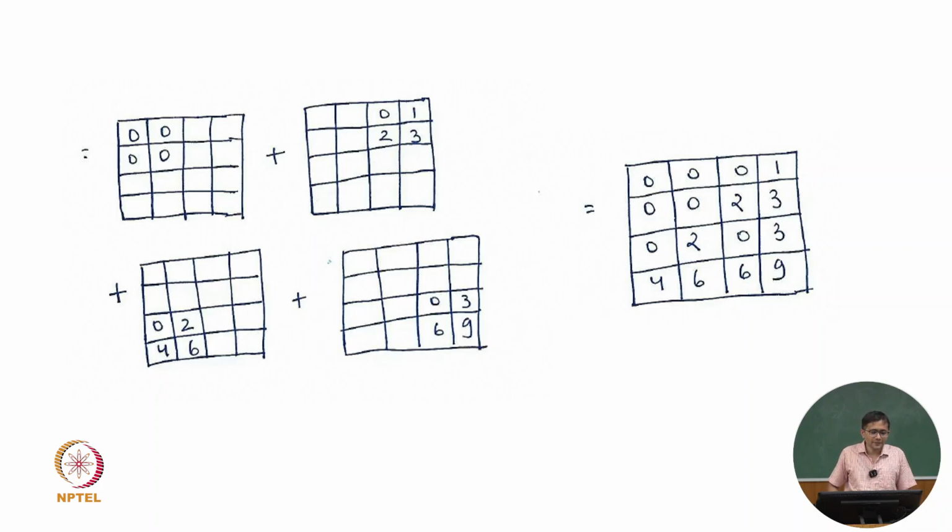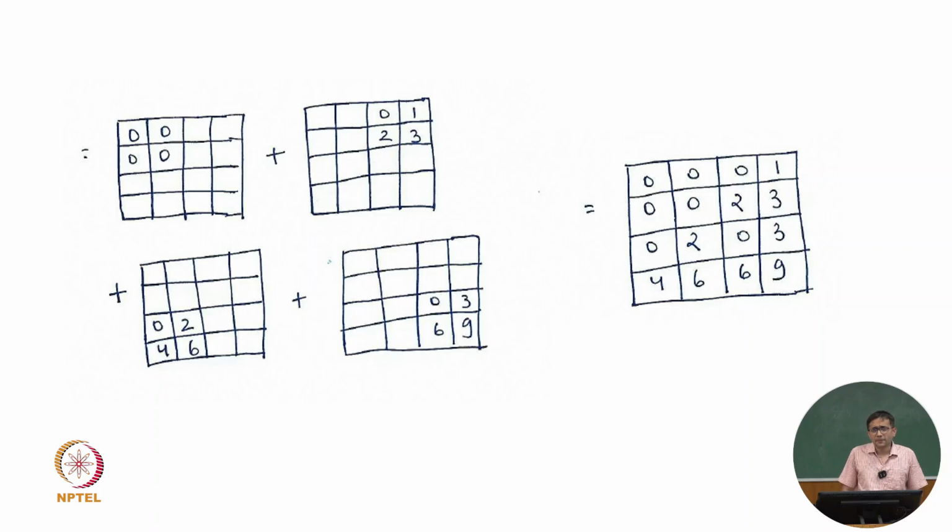And you add these 4 matrices, and what you get is this 4 cross 4 matrix: 0, 0, 0, 1, 0, 0, 2, 3, 0, 2, 0, 3, 4, 6, 6, 9, right? So we started with 2 cross 2 input, and now what we have is 4 cross 4.